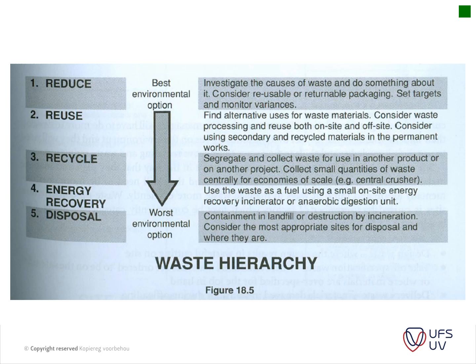Waste can either be reduced, reused, recycled, energy recovered, or disposed of. So that's also a nice little question to ask on waste. And obviously you need to explain what each one is.